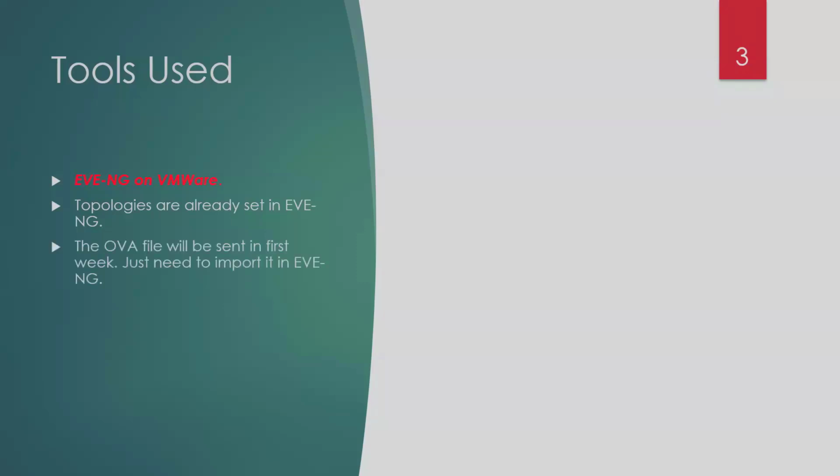So the OVA file that I will send you, or I think I have already sent you guys. In case you don't have the OVA file, you can get in touch with me and I will send you the link. You just need to import it into VMware. Now, we always recommend using Microsoft Windows for running EVNG on VMware, because we have seen there will be some issues if you use Linux or Mac OS.